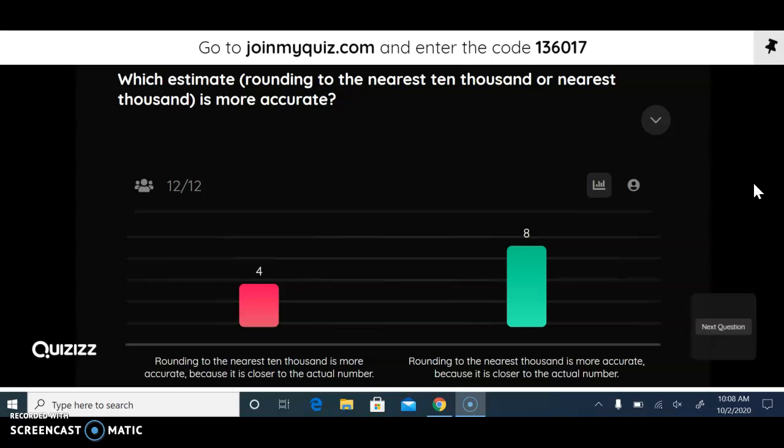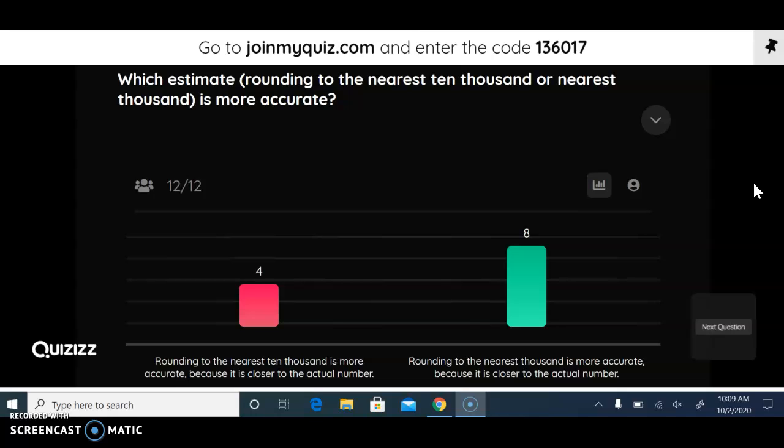Anytime we round, if we want to find a number that's closer to the actual number that we have, the smaller the place value we round to, the more accurate it's going to be. So if we rounded to the tens place value, would that be even more accurate than rounding to the thousands? Yes. Yes, the smaller the place value, the more accurate.